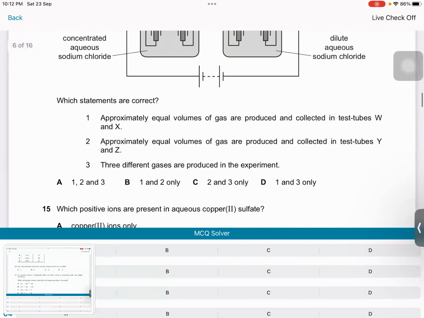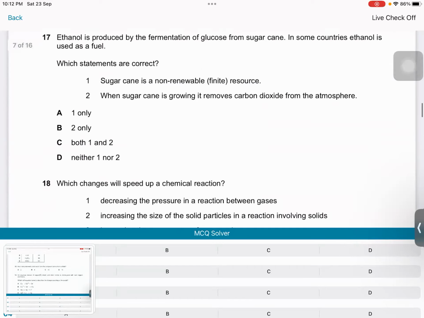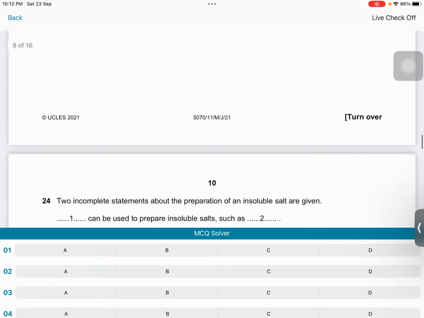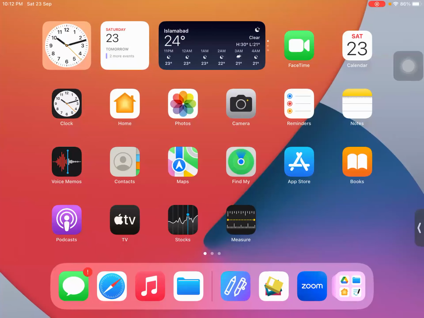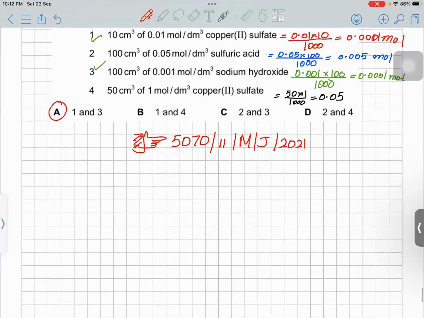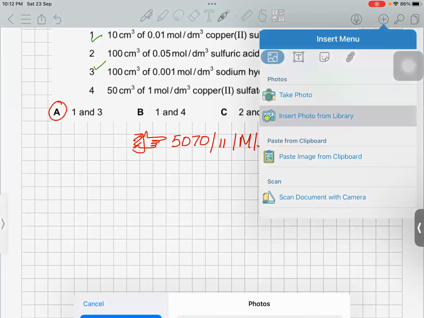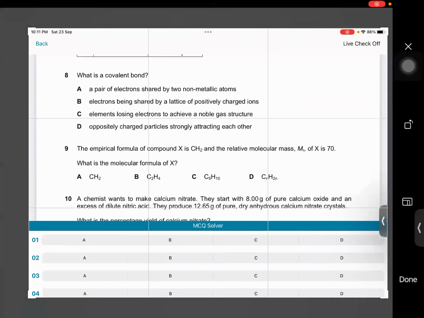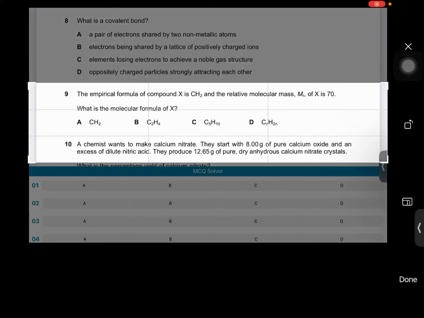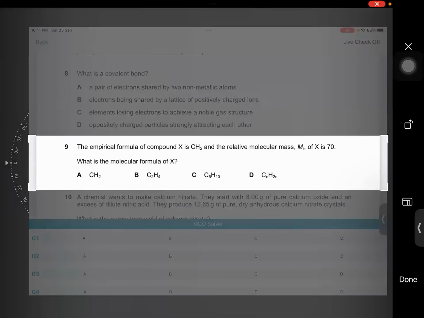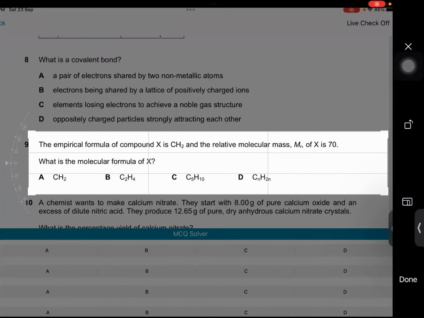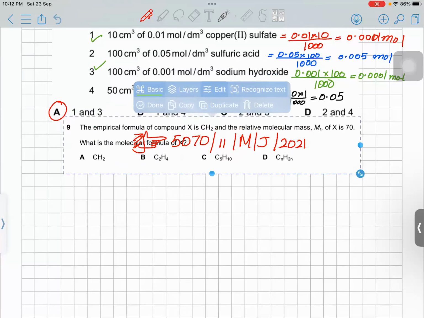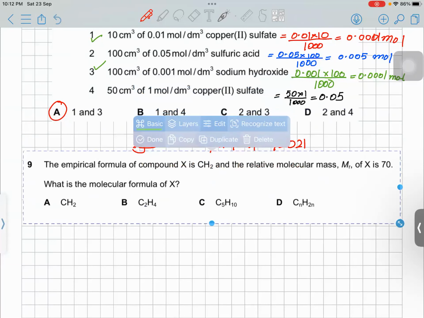So it means four questions. Just question number 9.